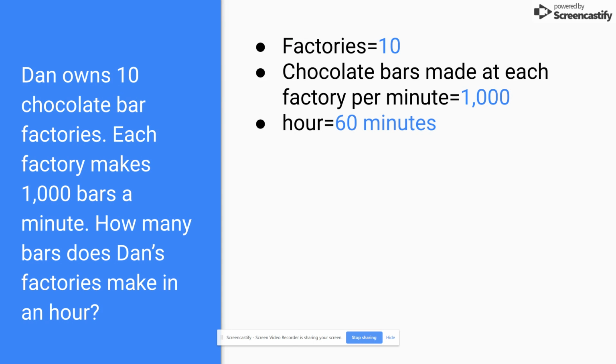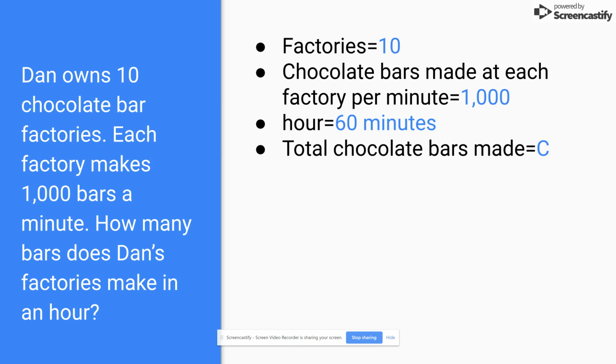So there's something hidden in this question that it doesn't exactly say, but we need to know. We need to know that an hour equals 60 minutes, because it says how many bars does Dan's chocolate factories make in an hour. So we need to convert hours to minutes.